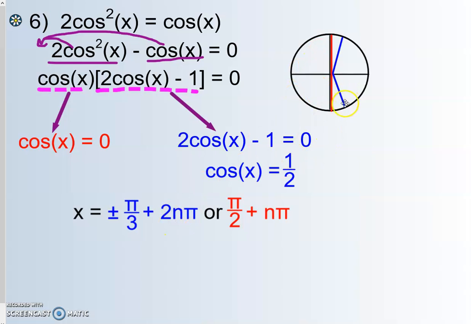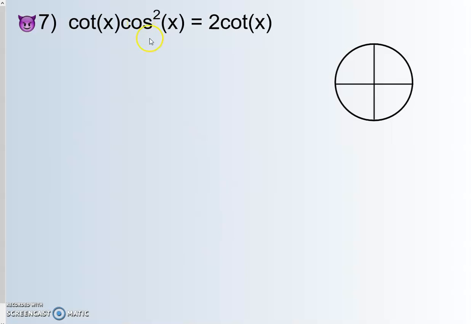So I didn't want to do a semicircle rotation. I wanted to do a full circle rotation. Then for the red ones, I did pi halves plus n pi. And I chose n pi because, again, to go from here to here, it's a semicircle rotation, not a full rotation.